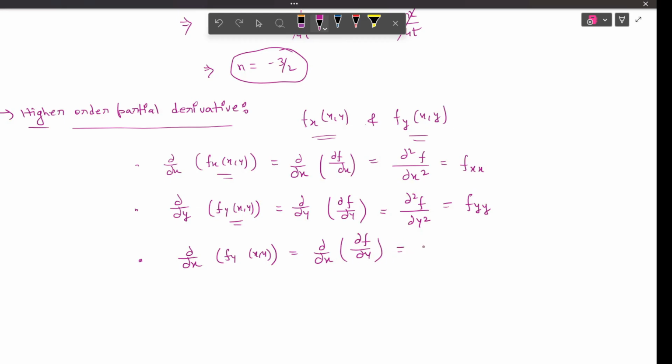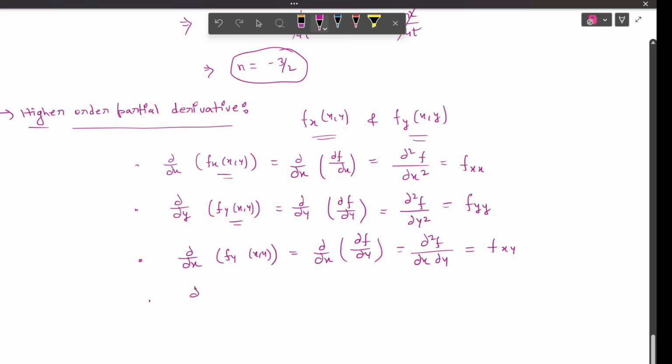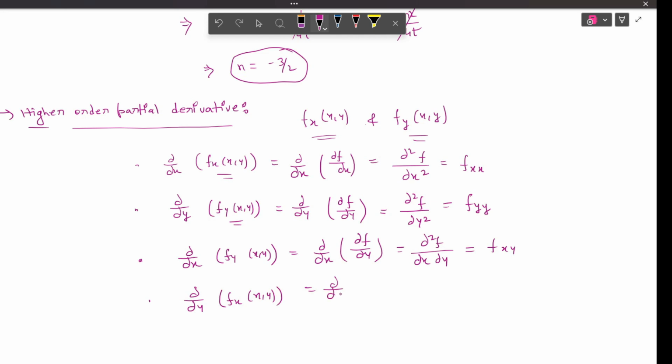So we can write this as del 2 f upon del x del y, and this is f of x y. Now del by del y of f_x(x, y) would be del by del y of del f by del x.